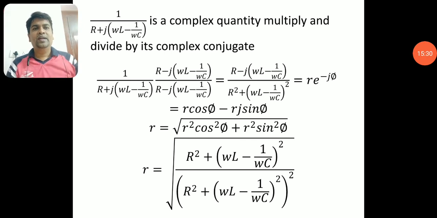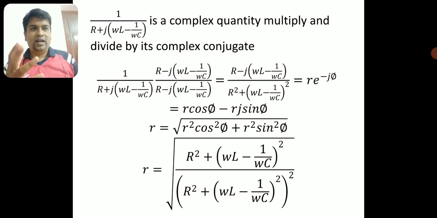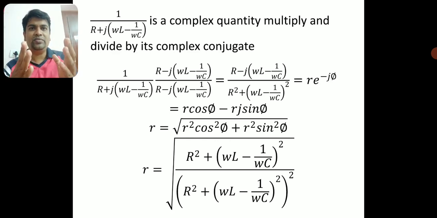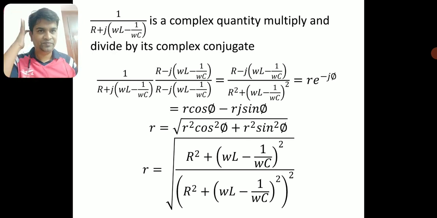Okay. Right. Fine. This quantity which I have considered, I have simplified by dividing and multiplying with a complex conjugate. So I can easily write that quantity as r e to the power of minus j phi, and that is r cos phi minus r j sin phi. And from this I can know what r cos phi and what r sin phi are.